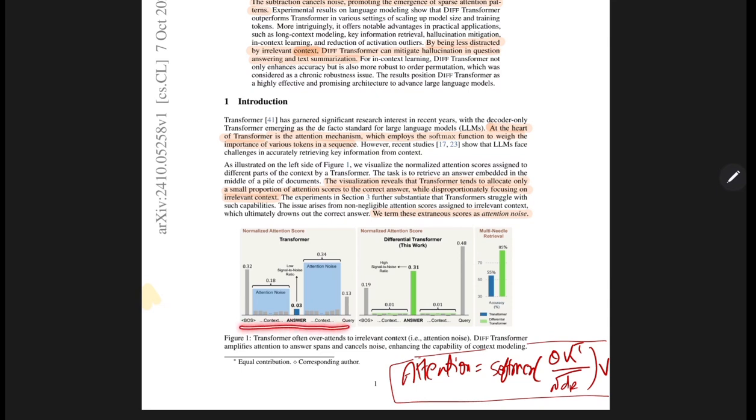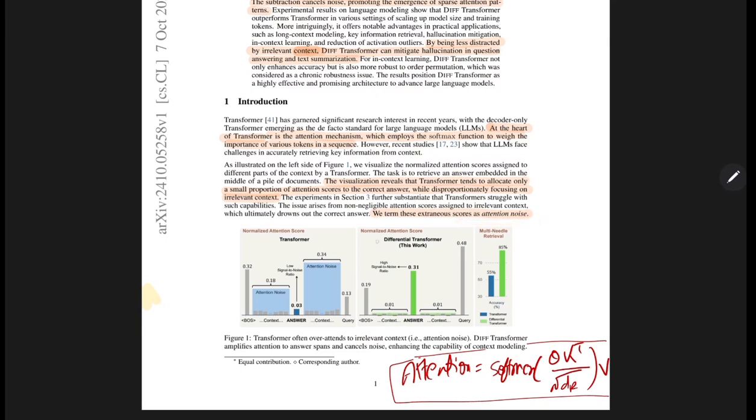Here you can see, right? This is the context, this is the main answer. And in the main answer, the ratio is only 0.03. Whereas it's 0.18 on the attention noise here and 0.34 on the irrelevant context here. So they are saying that whatever thing which is not required, we are calling it attention noise, right? We term this useless attention score, you can sort of say, as attention noise.